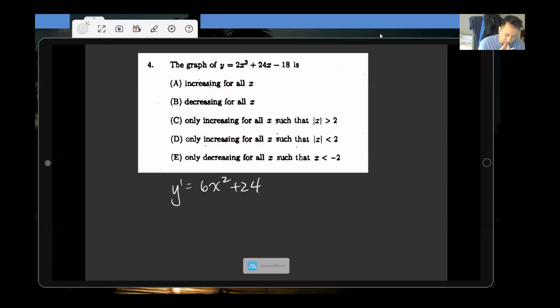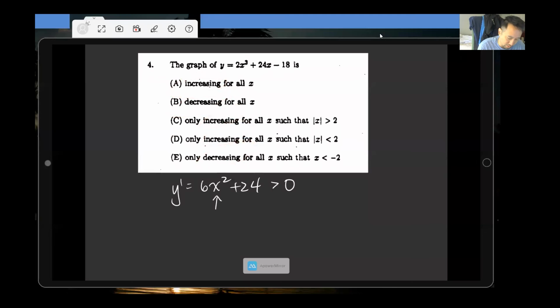Now, whatever value of x you plug into this equation, it's always going to be greater than 0, right? Because you have this x squared here, which means my entire first derivative is positive. So therefore, the entire graph is increasing.